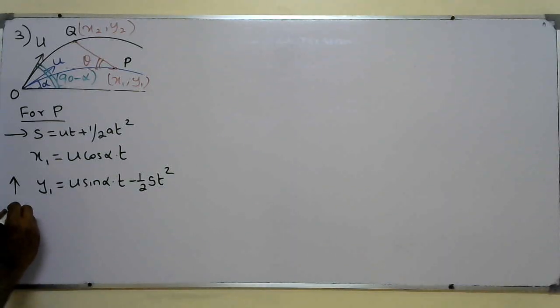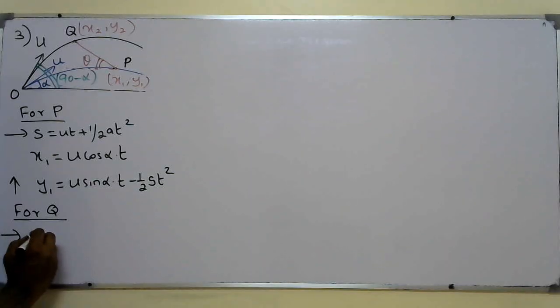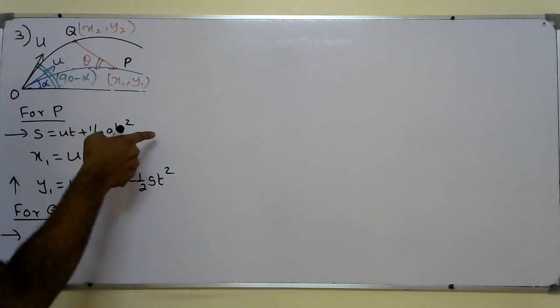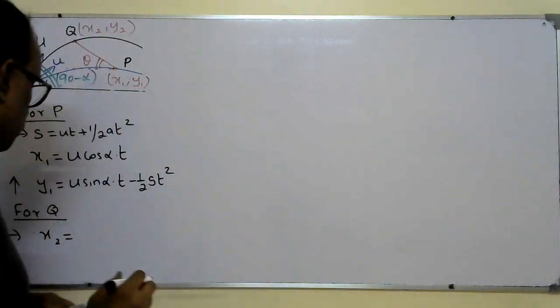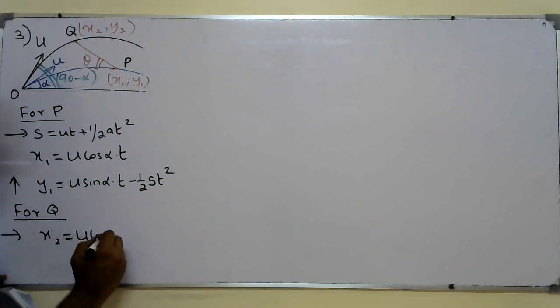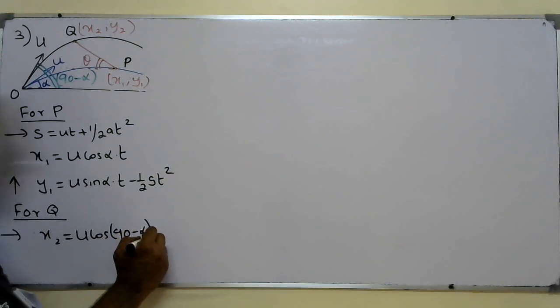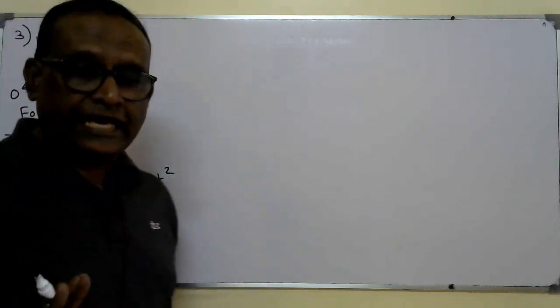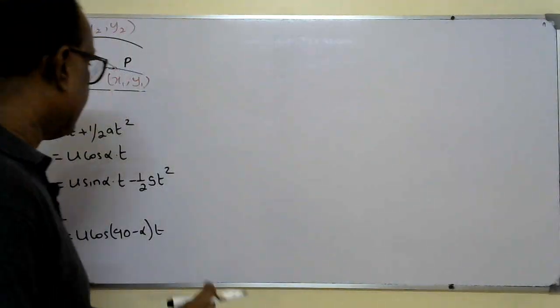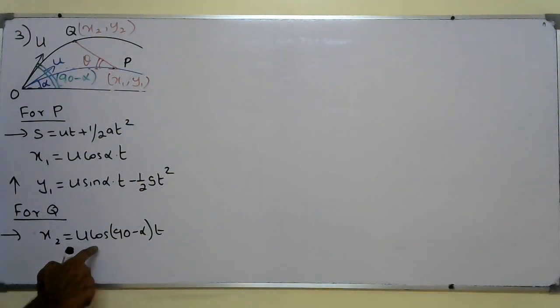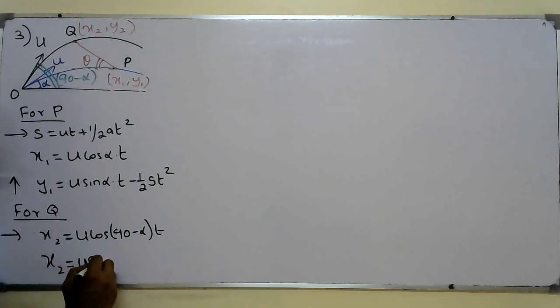For Q, horizontally, x2 is equal to the same equation, s equal ut plus half at squared. So x2 equal u cos 90 minus alpha into t, because we are considering the same time, at a particular instant, when the line makes 45 degrees, which we have to show. So cos 90 minus alpha is sine alpha, so x2 is going to be u sine alpha times t.